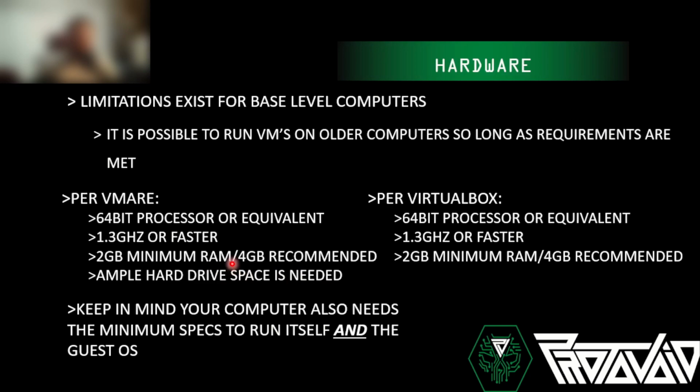Just it doesn't say ample hard drive space, so it's kind of weird. So keep this in mind. You need your computer to run your operating system, what it's running itself, plus the application and the guest operating system. Or if you're trying to run one or two, both of those at the same time.